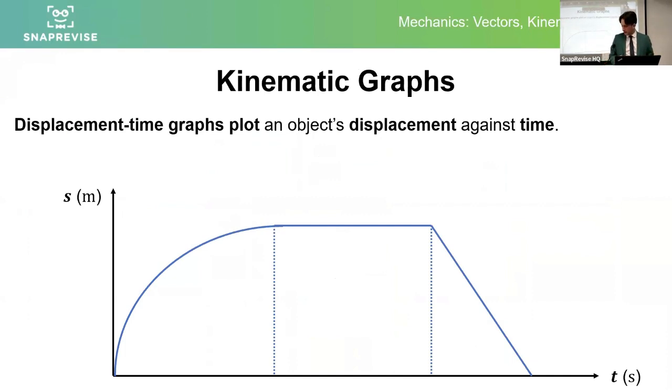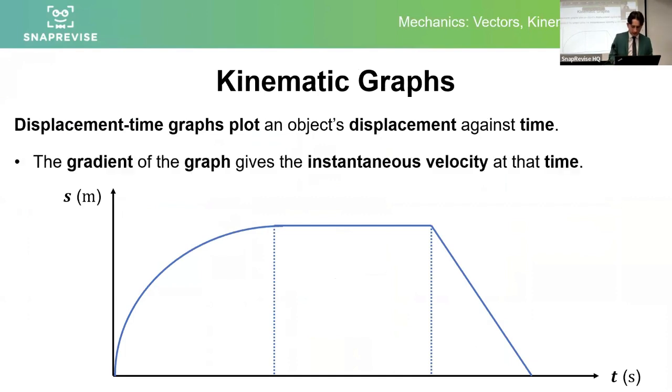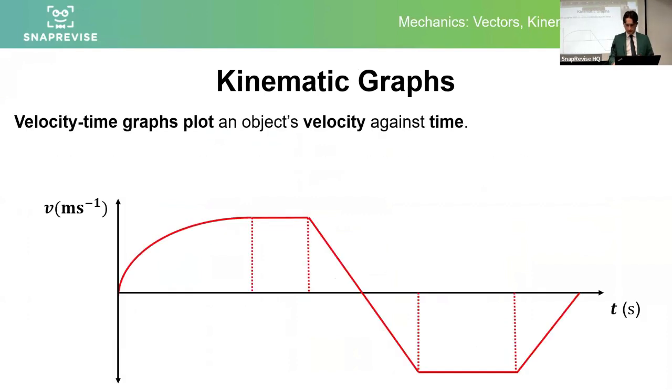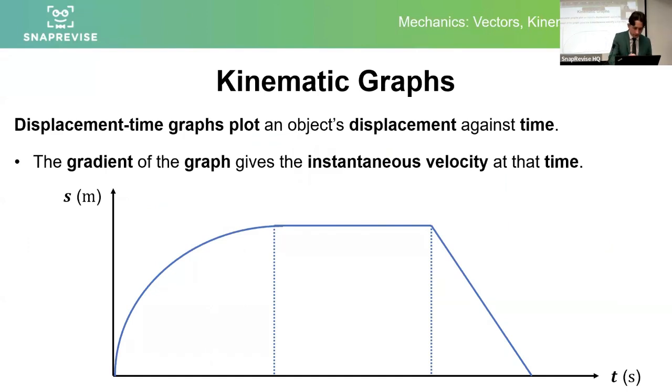So what we've got here is that if we were to look at the gradient at an individual point, so for example, if I added a tangent here, the gradient of that tangent at that point would give the instantaneous velocity.